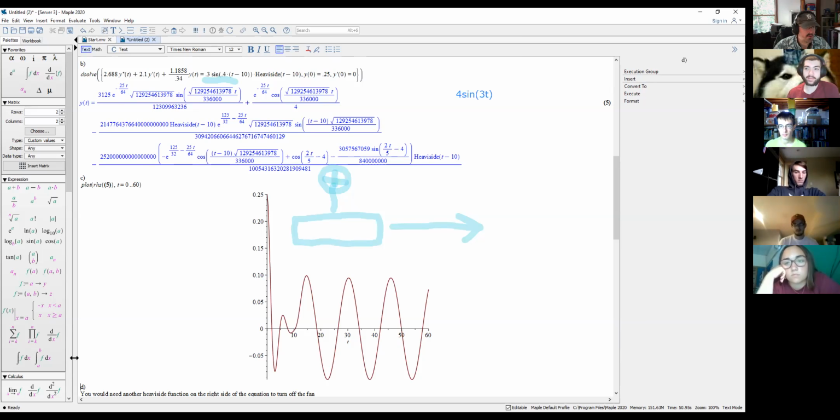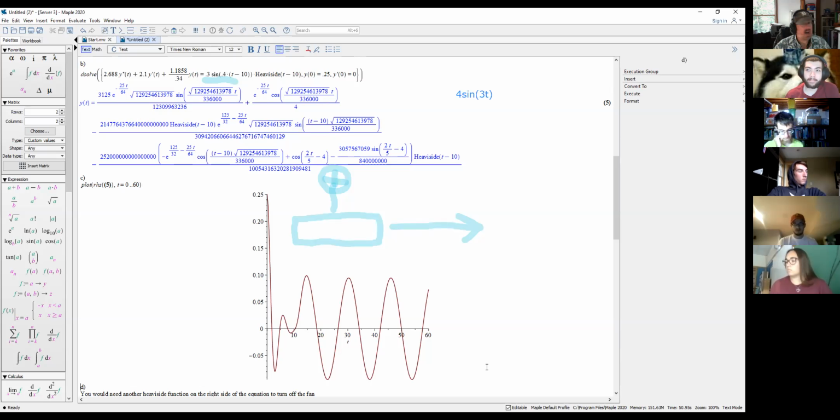So looking at the problem, you'll notice it says after 10 seconds, additionally, a small oscillating fan is attached to the cart but is initially off. After 10 seconds, a small fan turns on and begins to oscillate, creating a forcing function whose magnitude along the direction of the cart's motion is equal to this.